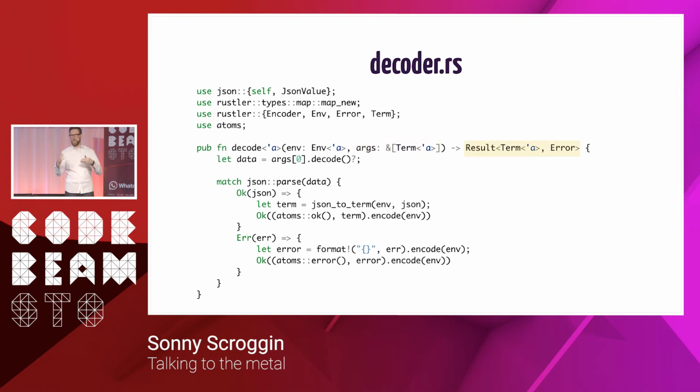So it's very similar to the OK and error tuples that we're very used to in Erlang, but there are a lot of niceties in Rust that allow us to do things like this, where we can say, let the data equal the args, whatever's in arg0 dot decode, and then we have a question mark operator on the end.